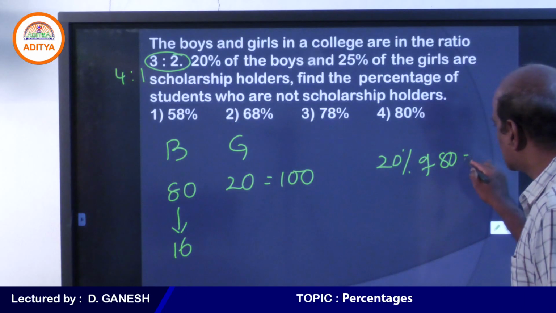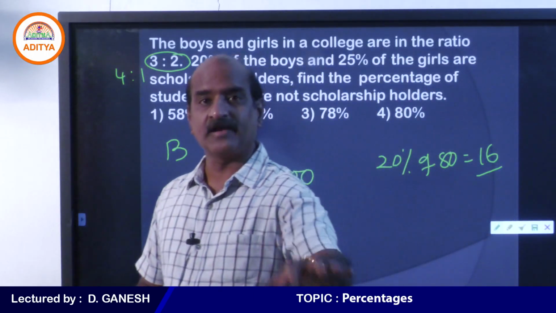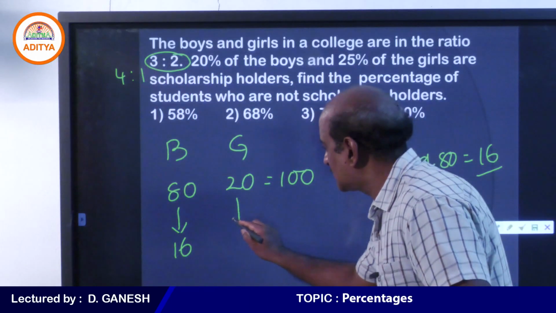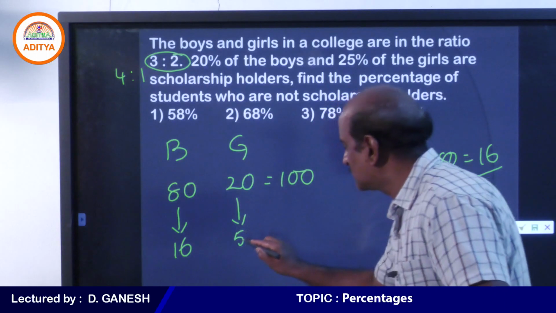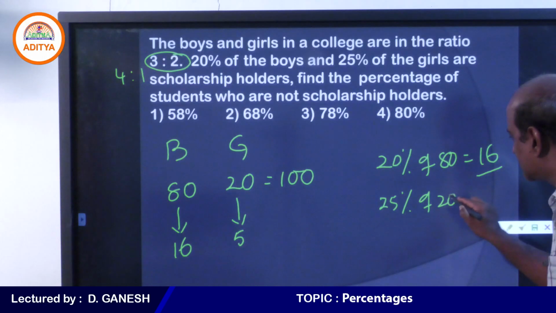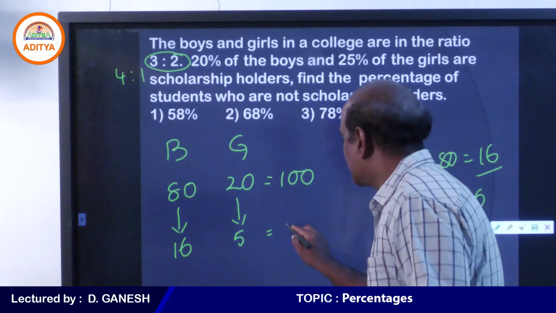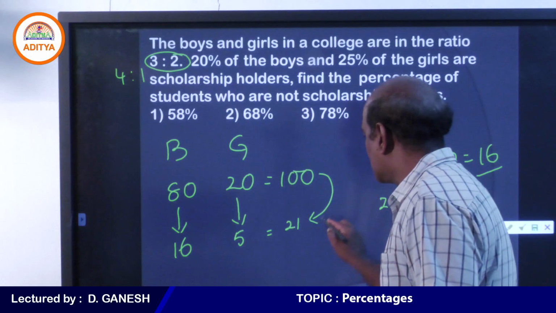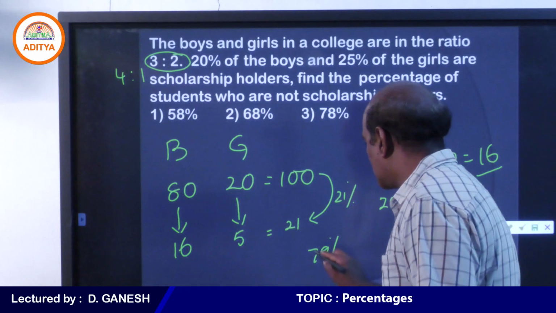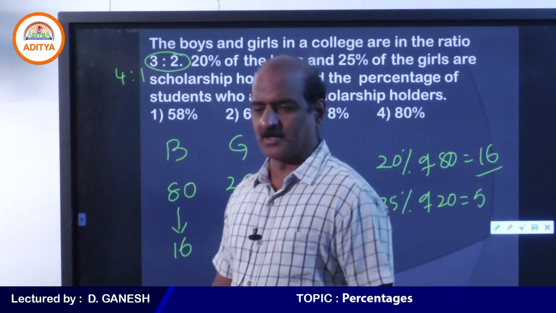What is 20% of 80? 16. 10% is 8. 20% is 16. Now 25% of the girls, which is 5. You know how I am getting 5? 25% of 20. You know what 25% is? 1 by 4. So I must be having 21% scholarship holders. So when 21% are scholarship holders, 79% must be not scholarship holders.